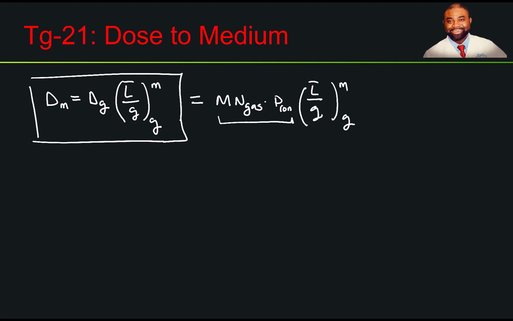Remember from our last slide, this right here is the expression for the dose in the gas, taking into consideration the cavity gas calibration factor. Now, P ion is a correction factor that takes into consideration the inefficiency in the total ionized charges collected by the central electrode in the sensitive volume.